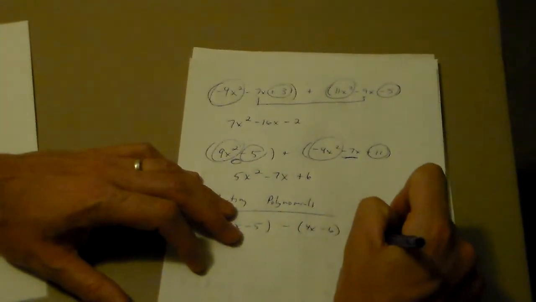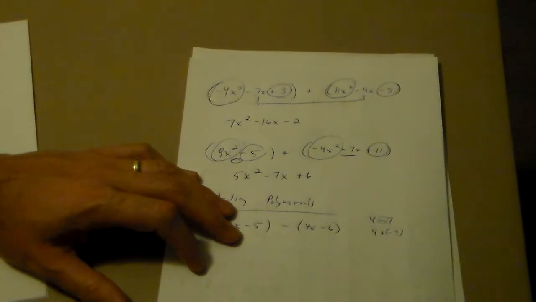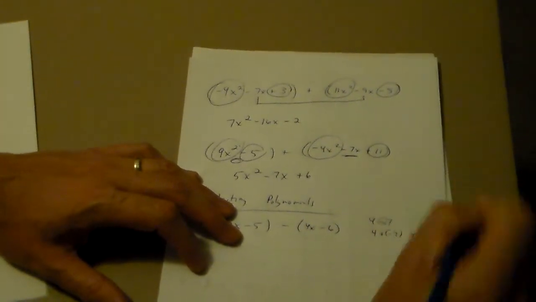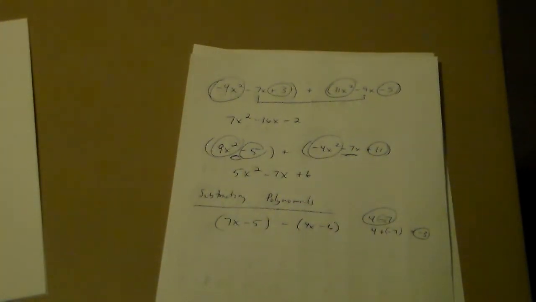So you would rewrite that as 4 plus a negative 7. And then you would say, okay, well, what's 4 plus a negative 7? And then you'd get a negative 3. Okay? But now when you see that, you've done it so many times over and over and over again. When you see 4 minus 7, your brain's already telling you, oh, that's negative 3.